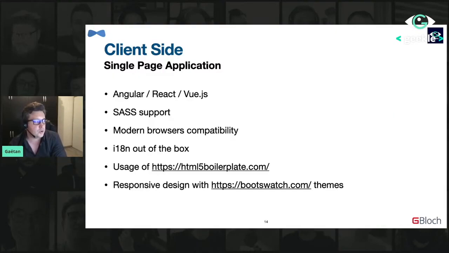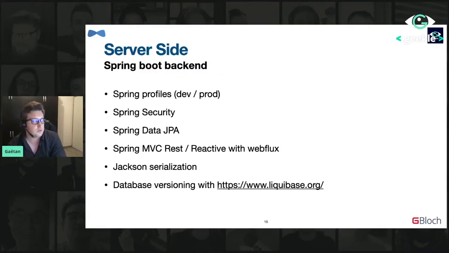It has Sass support, modern browser compatibility, internationalization out of the box, usage of HTML5 boilerplate, and it integrates responsive design with a Bootstrap theme. You don't have to use it, of course. You can do your own CSS and even use Tailwind. You do whatever you want once it's generated with your code.